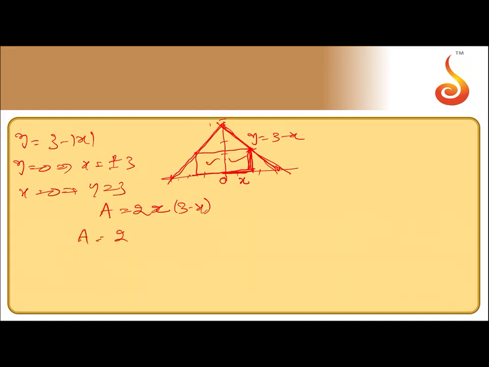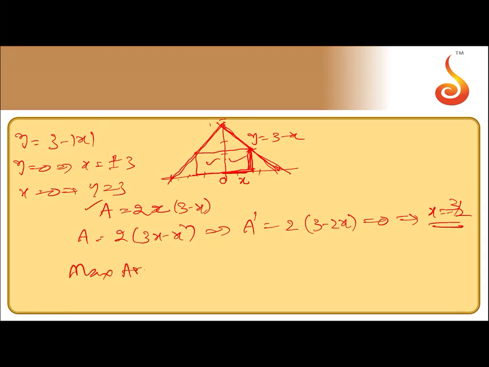Therefore, the area of the rectangle is equal to 2 times 3x minus x square, and this area has to be the maximum. Maximum only when the derivative is equal to 0, you get the stationary point. So A dash is equal to twice 3 minus 2x, that is equal to 0, gives us x equals 3 by 2. At this point, x equals 3 by 2, the area will be the maximum.